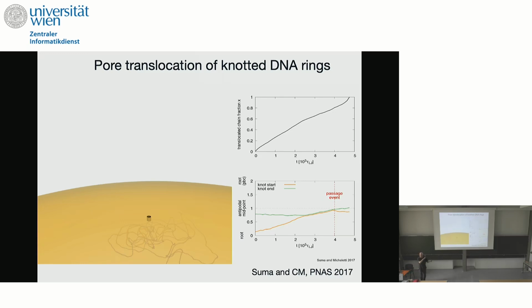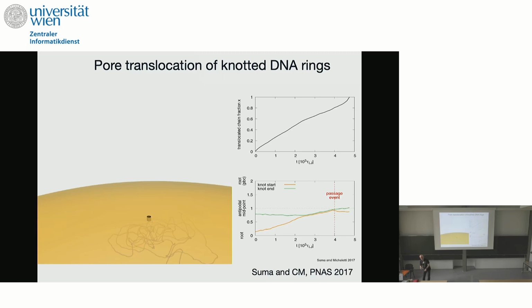So what is important about this? What does this video add to the expectation that we saw before? Well, the translocation process alters significantly the properties of the knot compared to the initial equilibrium state.